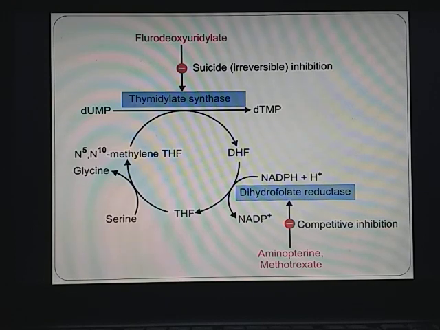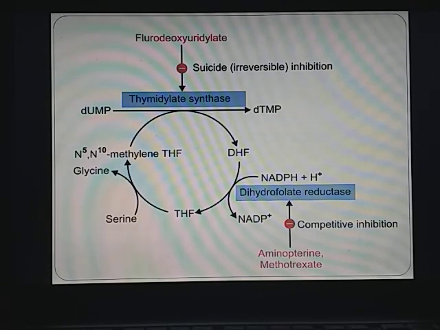Then the second enzyme is dihydrofolate reductase. This is the enzyme which converts dihydrofolic acid to tetrahydrofolic acid by utilizing NADPH plus H plus. Dihydrofolate reductase is inhibited by anti-cancer drugs like aminopterin and methotrexate by competitive inhibition. So what is this competitive inhibition?